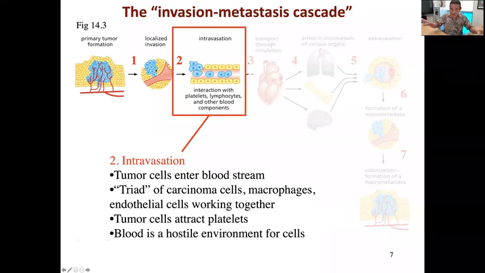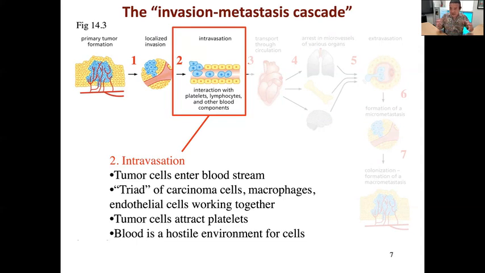Once those cells have left the original boundaries of the basement membrane, for example, and are now happy spreading through the stroma, you can imagine these cells spreading away from the primary tumor, the in situ site. Very soon, they're going to encounter something like a capillary. Remember how extensive the capillary network is through all of our tissues. The cells in our body are no more than maybe like 0.2 millimeters away from the closest capillary.